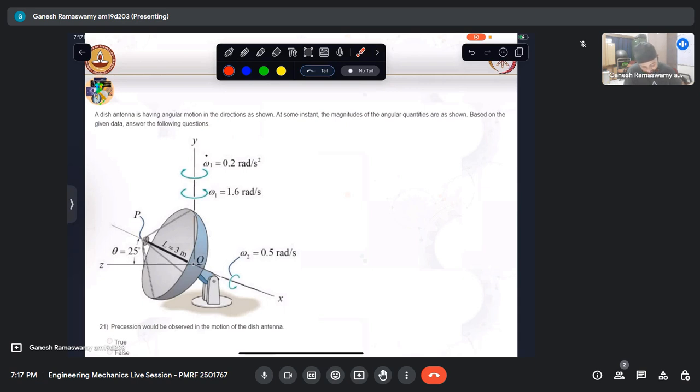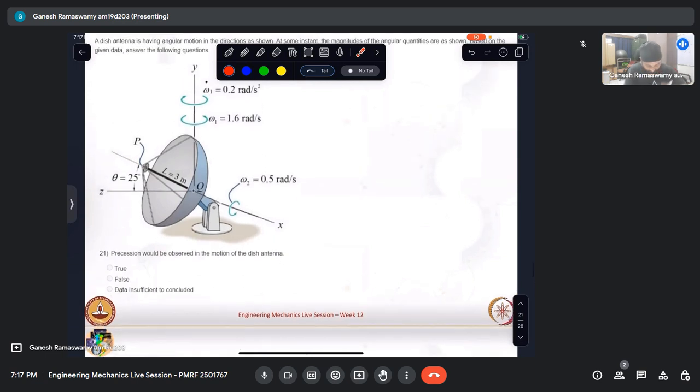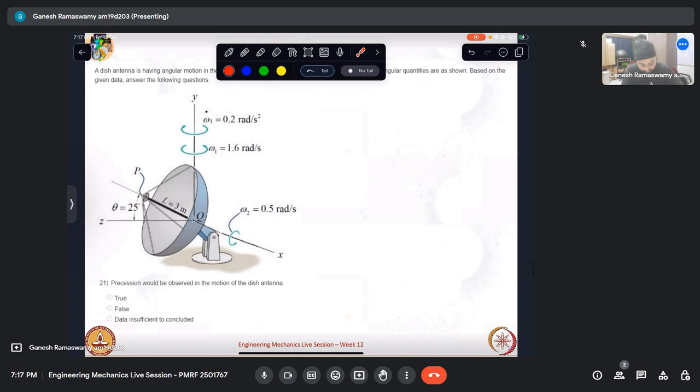At some instant, the magnitude of the angular quantities are as shown. Based on the data given, answer the following questions. Precession would be observed in this case in the dish antenna, true or false. So basically, what is precession? It is when the direction of the axis of the angular velocity vector itself changes. So it brings about this motion. So if we see, we have this omega 1 and omega 2. So if we were to add this up, this is pointing like that, and then we have this pointing like this.